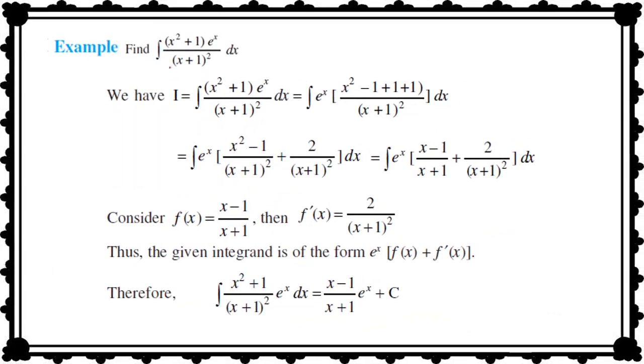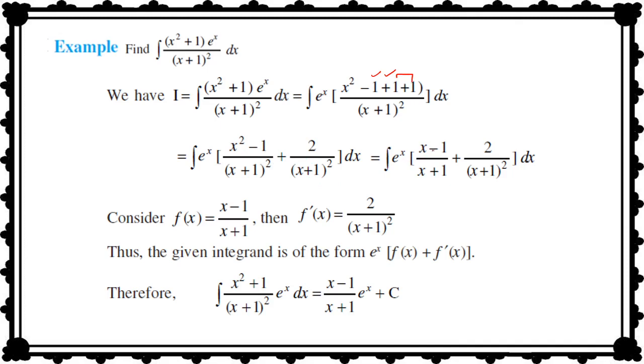Look at this example. Here we have x square plus 1 e power x upon x plus 1 whole square, right? So e power x, let's separate, and x square minus 1 plus 1, we are adding and subtracting 1, right? And the denominator as it is. Now again we are splitting here. This is 1 plus 1, 2. X square minus 1 upon this plus 2 upon this, right?